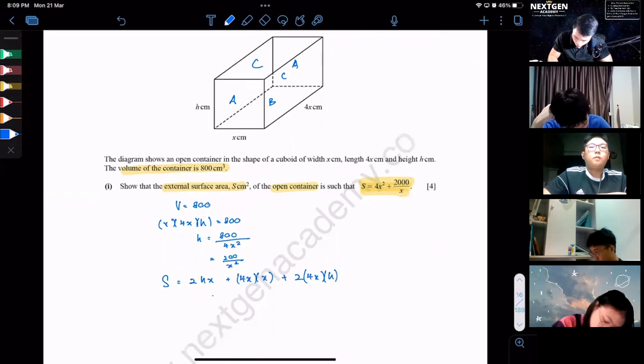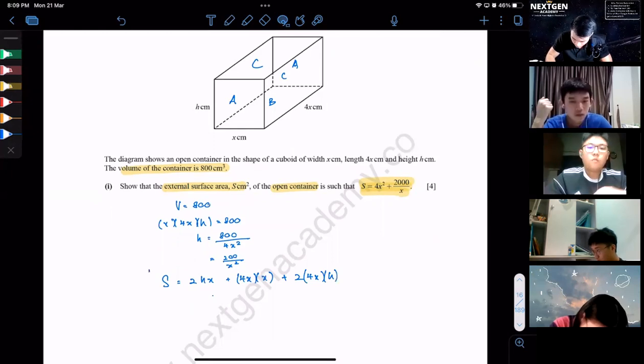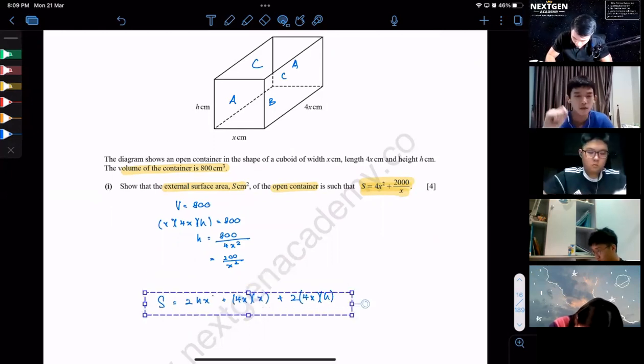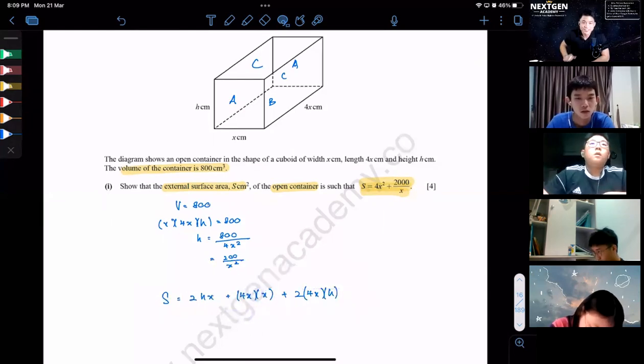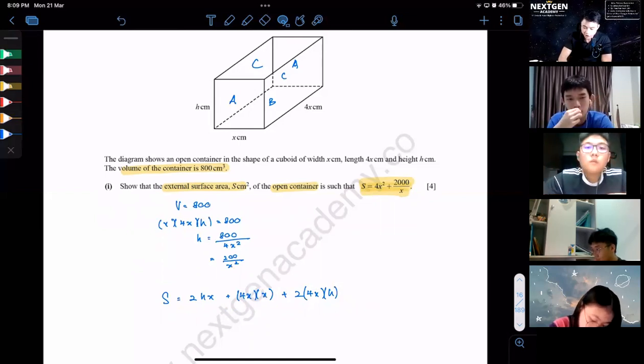Okay, so, another way to do it, you all see, right? Maybe I don't want to confuse you all, but I just teach you all. You all can substitute off H immediately, or another way is that you leave it in HX.